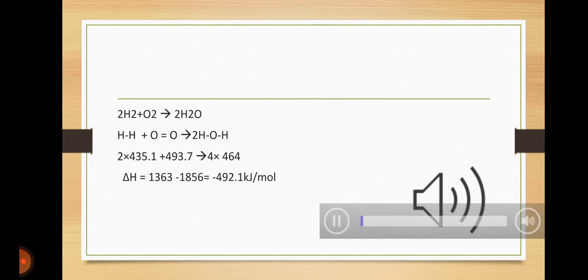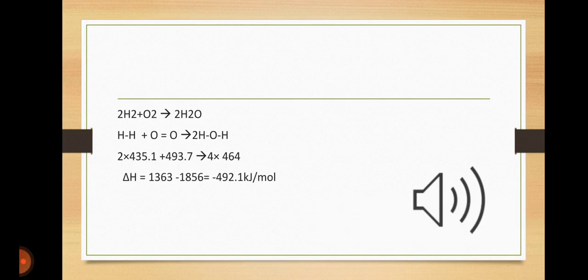So the next problem, students: 2H2 plus O2 gives rise to 2 moles of water. We already know that the bond energy for hydrogen is 435.1. Because 2 hydrogen molecules are there, we have to multiply 2 into 435.1, plus the oxygen double bond, a diatomic molecule, whose bond energy is 493.7.